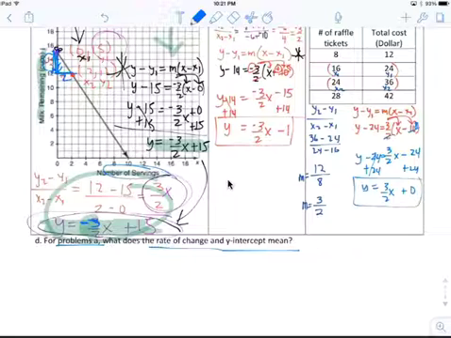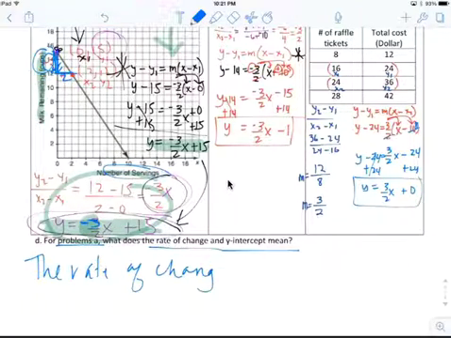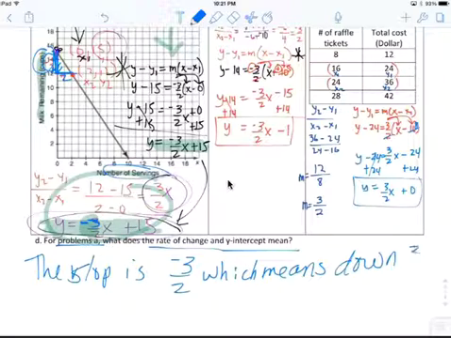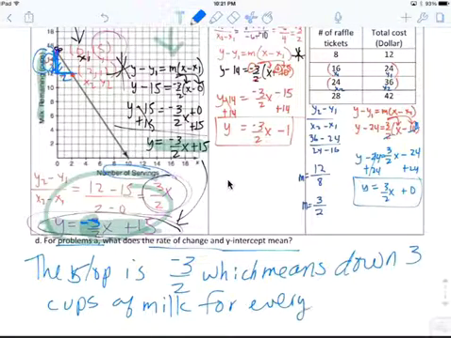The rate of change, negative 3 over 2, means, let's say the slope, it's shorter. You guys probably like to use the word slope better because it's shorter. Slope is negative 3 over 2, which means down 3 cups of milk for every 2 servings.